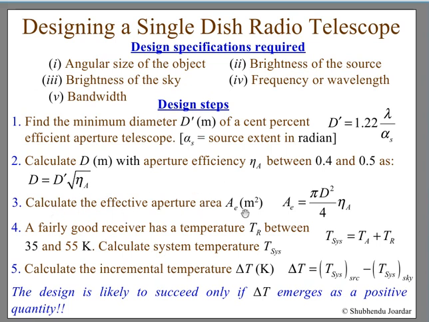Now you are calculating the effective aperture area. These formulas you can understand. This is pi D squared by 4, that is the area of the dish, times the aperture efficiency, which gives the effective area. And now you've got to connect this antenna to a receiver. A fairly good receiver has a temperature of between 35 and 55 Kelvin.